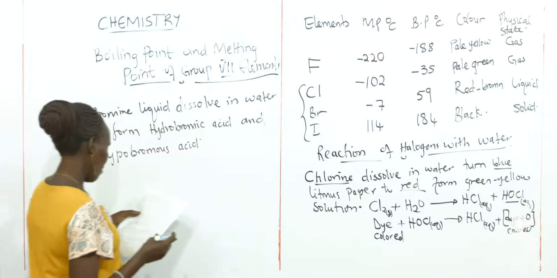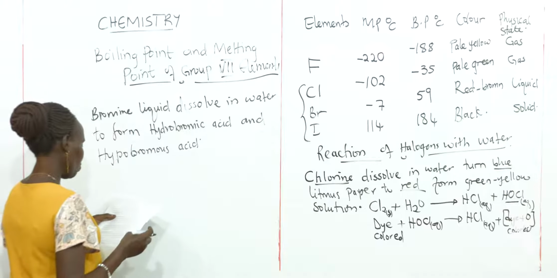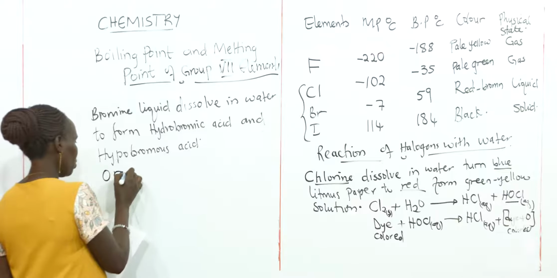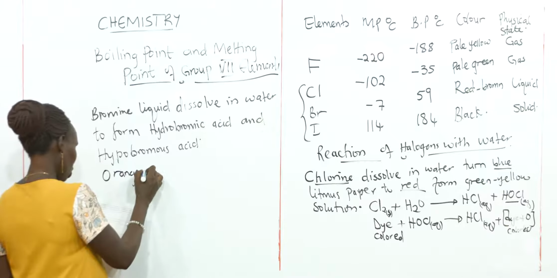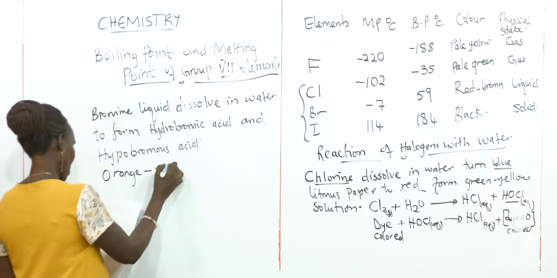So we are going to have the reaction, and the resulting mixture will be orange. So also it will form an orange yellow solution, and has acidic and bleaching power as we have for chlorine. It means here when you react bromine, it will be the same reactions as we have in the one of chlorine.